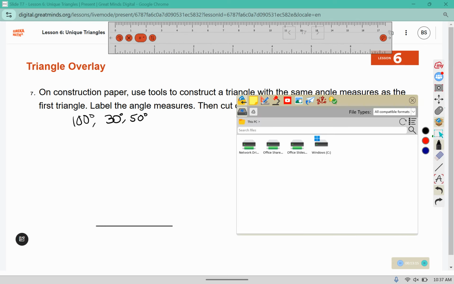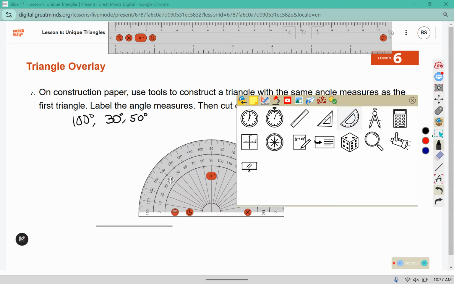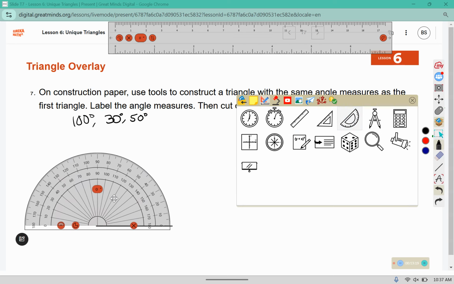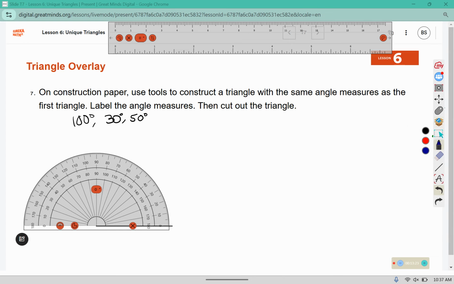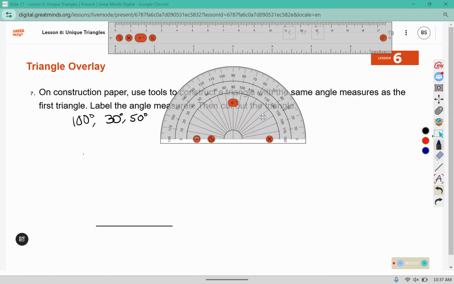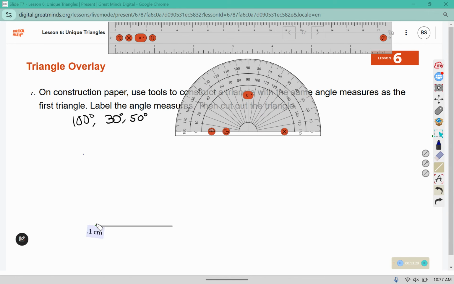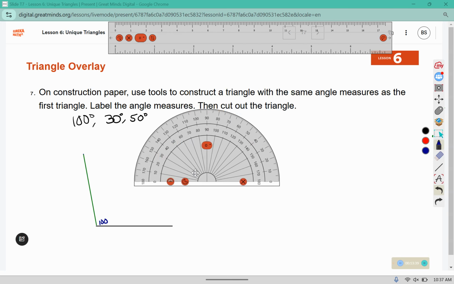Then with our protractor, we're going to measure a 100 degree angle from one side and a 30 degree angle from the other. So here we've got a mark at 100. We'll connect those using a straight edge. Don't forget to label that that's 100 degrees.